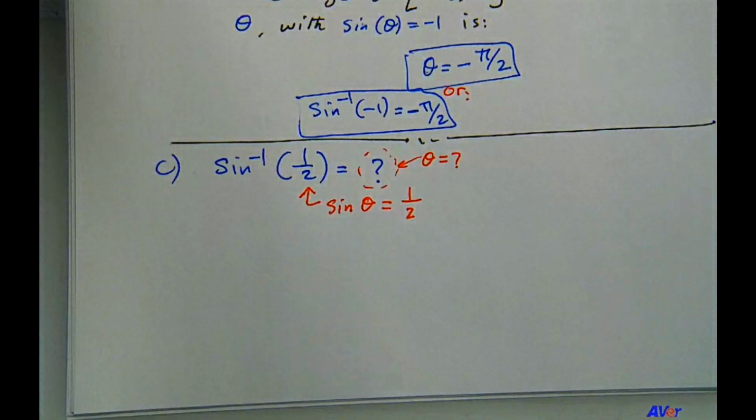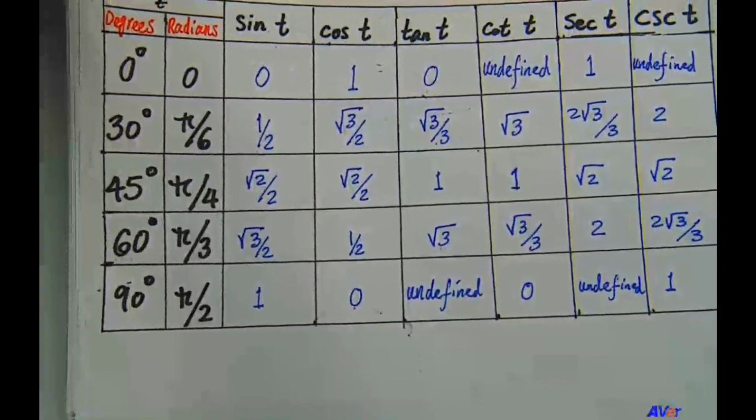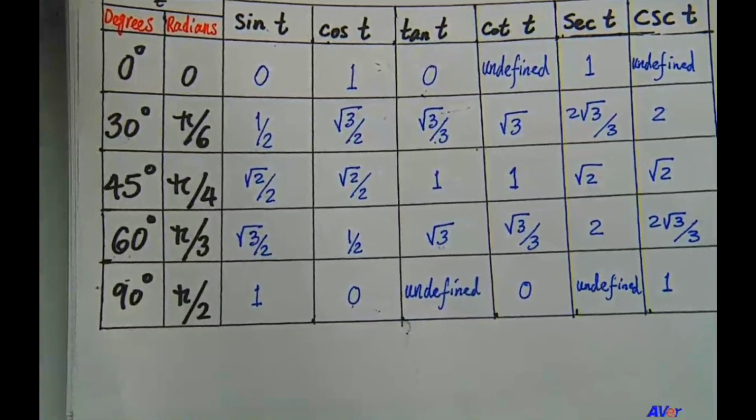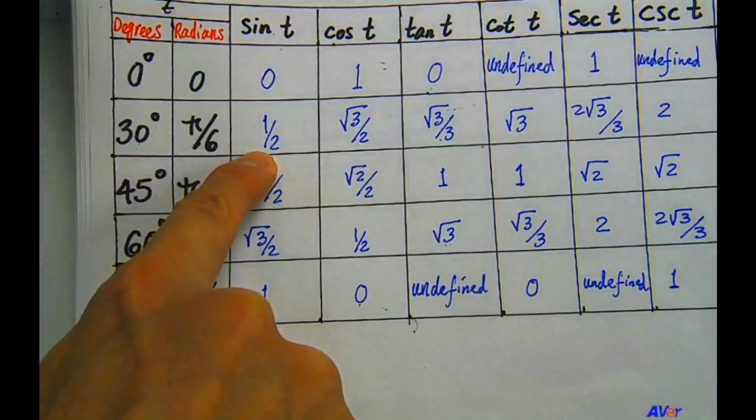Now I know some of you are already writing down what theta should be. Within the range -π/2 to π/2, what angle would have a sine equal to 1/2? Well, that would be π/6. Some of you already know that, but we can go to the special table of trigonometric values. The sine of 30 degrees, or π/6, is 1/2.